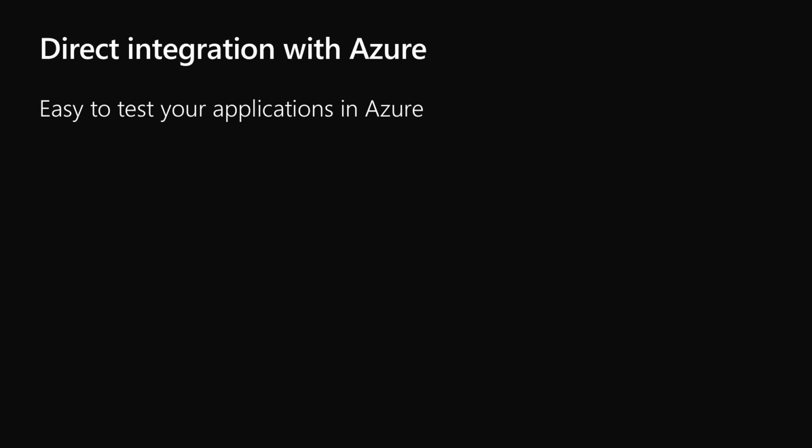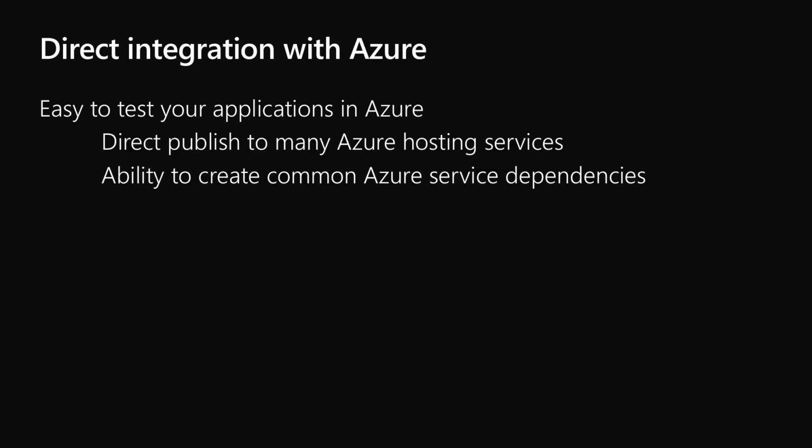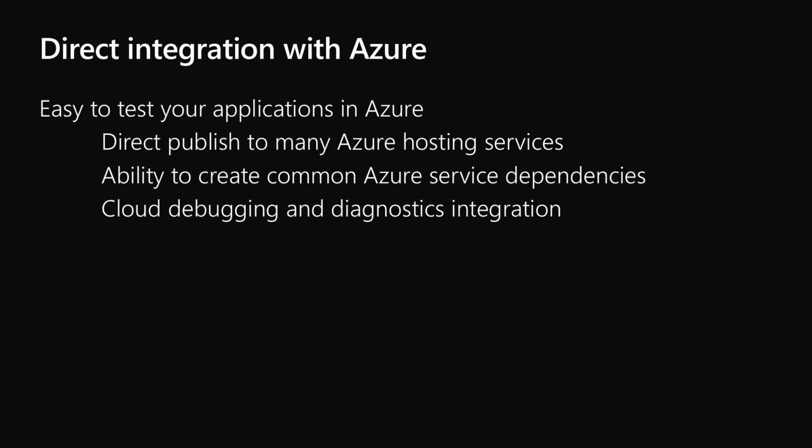So yeah, just to briefly review where we ended: we've not only made it really easy to get started by having project templates and all the tools that you'd want for local development, we've also tried to make it really easy to test your applications in Azure before you would hand that over to the operations team or push that into production. We showed a couple of the publish and provision capabilities that we've added to Visual Studio.